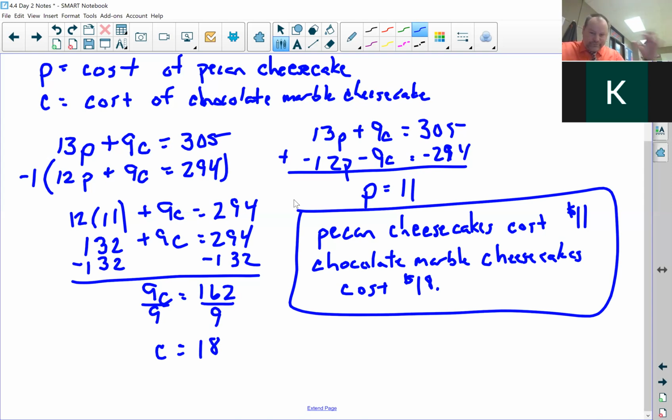And there's our first example. Any questions?